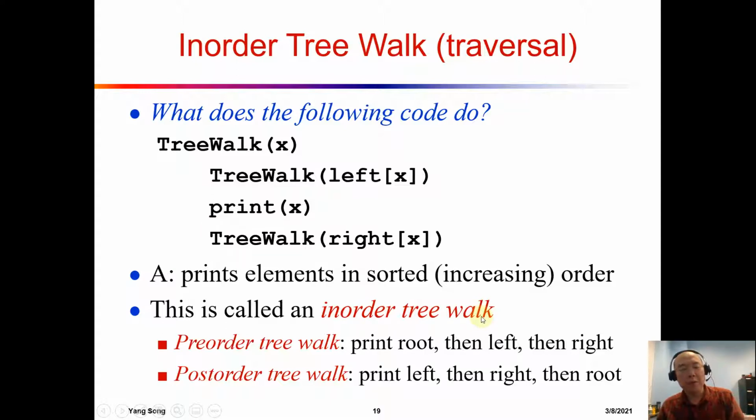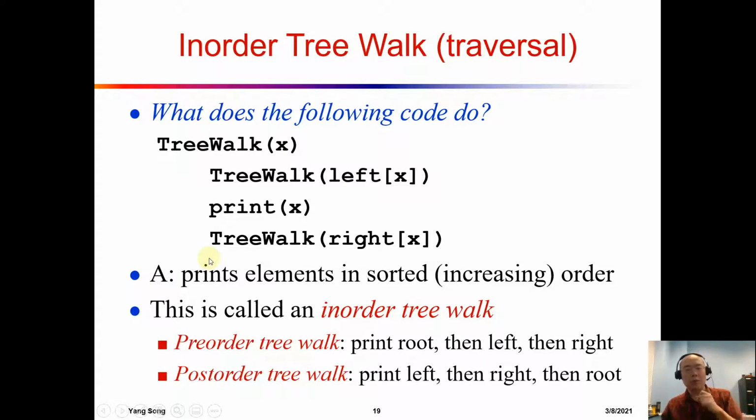Similarly, if you want to do a pre-order tree walk, then you put this print line at the very beginning. Or if you want to do a post-order tree walk, then you put this print at the very end.